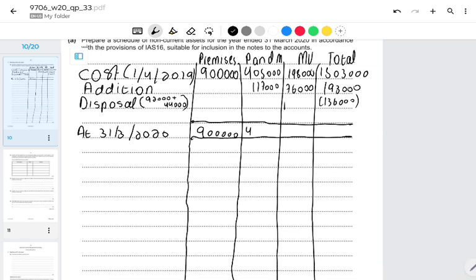No wait, 405,000 plus 117,000 minus the disposal. So it gives us the value. Wait, I'm minusing it. Why? 522,000 is the value.